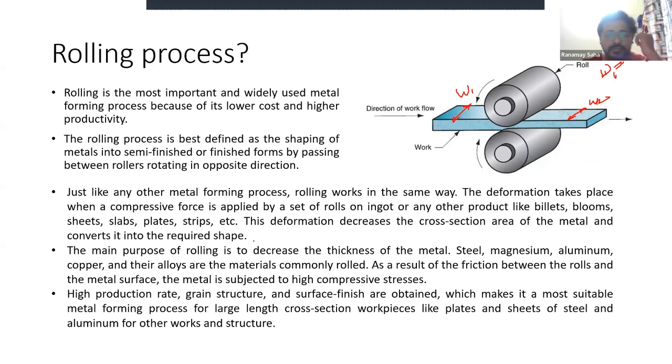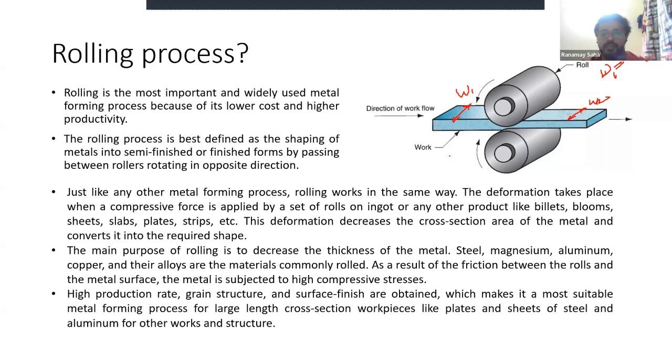So just like any other metal forming process, rolling works in the same way. The deformation takes place when a compressive force is applied by this oppositely rotating set of rolls. This deformation reduces the cross-sectional area of the metal and converts it into a required shape.